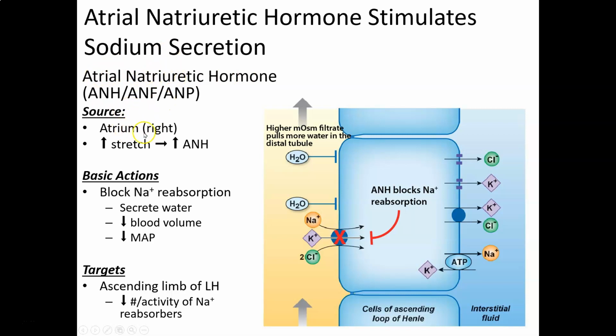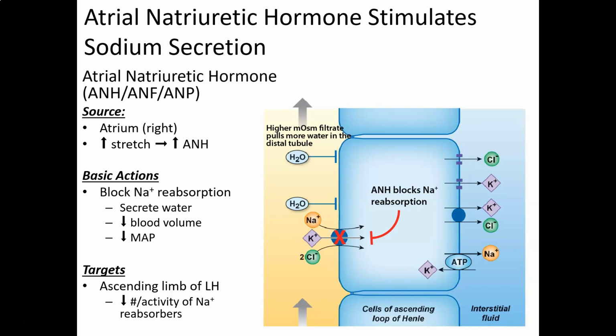So the source, like I said before, is the atrium. Tends to be more dominant in the right atrium than the left atrium. And that's because that's more reflective of the systemic blood pressure, right? The left atrium gets its blood from the lungs, but the right atrium gets its blood from the rest of the body. So if there was an excessive blood volume or pressure, then that would be felt in the right atrium.